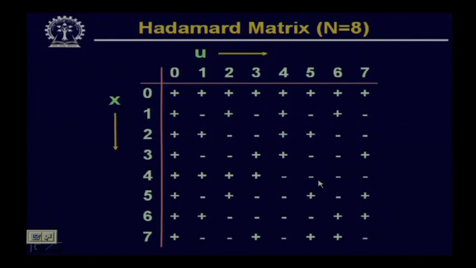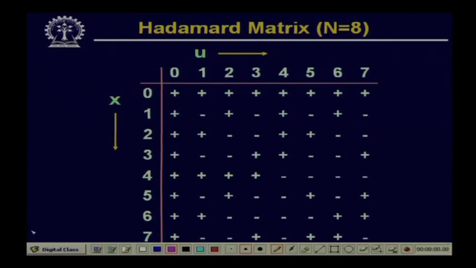Here you find that if I consider the number of sign changes along a particular column, the number of sign changes along column number 0 is equal to 0, along column number 1 is equal to 7, along column number 2 is equal to 3, along column number 3 the number of sign changes is equal to 4, along column 4 it is equal to 1, along column 5 it is equal to 6, along column 6 it is equal to 2, along column 7 it is equal to 5.